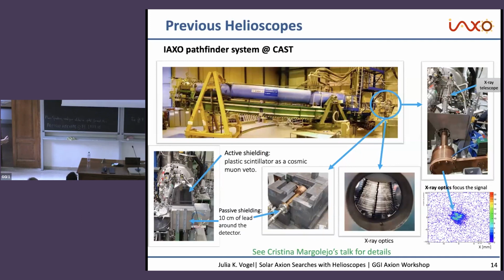It's a piece of a new star-like optic that we built for CAST, which has 13 mirror layers. And then at the focal spot of this optic, we put a novel low background detector of the micromegas type. So that's a further development of a drift chamber with a strip readout. And there was a lot of shielding used to keep the background low.